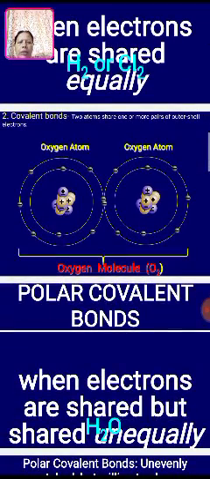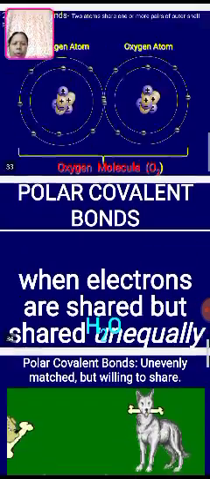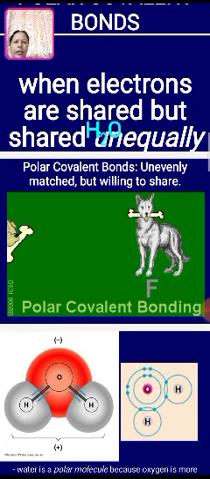So the oxygen molecule shows the oxygen atom electronic configuration 1s2, 2s2, 2p4. Polar covalent bonds, when electrons are shared but shared unequally, like H2O. So the hydrogen has one electron in its outermost shell, whereas the oxygen requires electrons from hydrogen, and therefore there is the formation of a bend in nature.